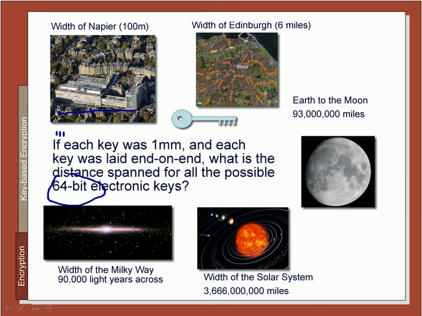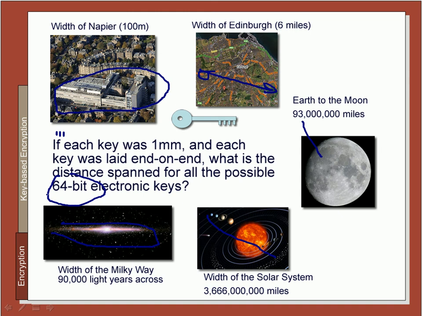The width of Napier's campus at Merchiston, the width of Edinburgh, 6 miles, the distance between the Earth and the Moon, about 93 million miles, or the width of the solar system, or the width of the Milky Way.